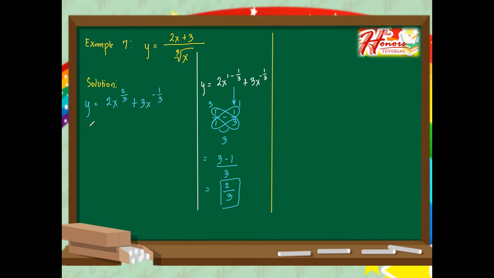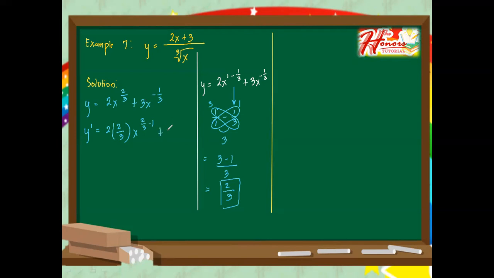Let's get the derivatives now. So y prime is equal to 2 times your exponent, which is 2 over 3, times x raised to 2 over 3 minus 1. Because when we are getting the derivatives, we are usually writing minus 1 in our exponent, and that belongs to the power rule.